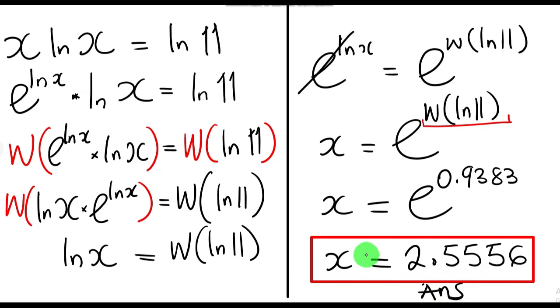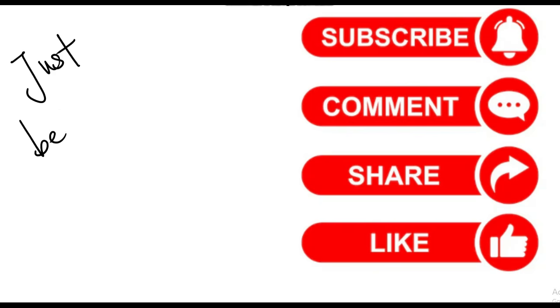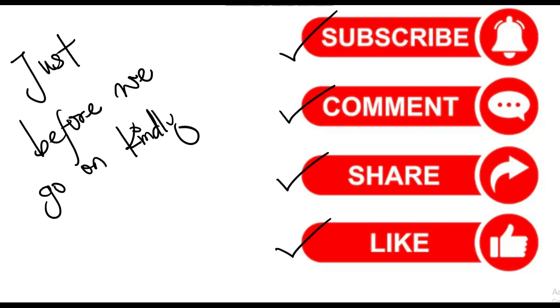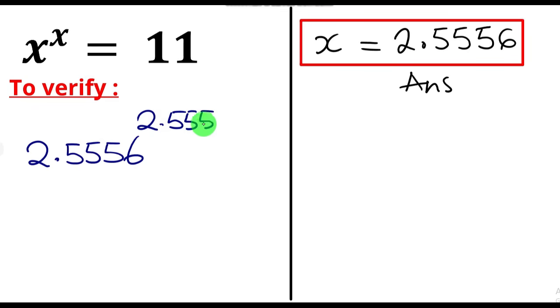We might need to verify if this answer is correct for the value of x, that is 2.5556. What we need to do is insert that value into the position of x and see if it's going to be equal to 11. So we can do that. We say x is equal to 2.5556, so we write 2.5556 raised to the power of x, which is the same 2.5556.